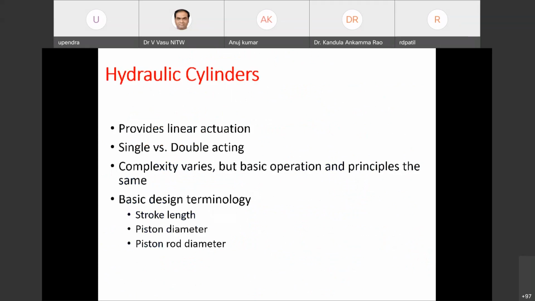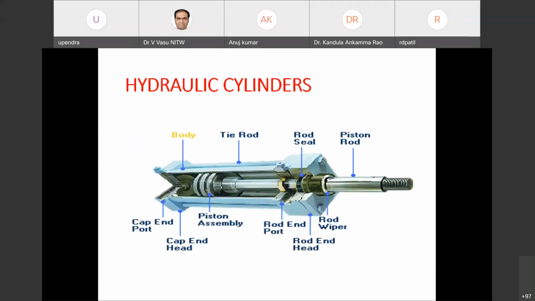Okay, so this is the hydraulic cylinder, which looks like this. These are the different components that are there. We can have a single acting cylinder or a multi-acting cylinder. Whenever oil is passed into this, it moves the hydraulic cylinder forward or backward depending upon the case.